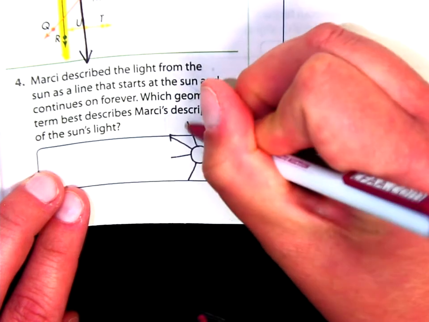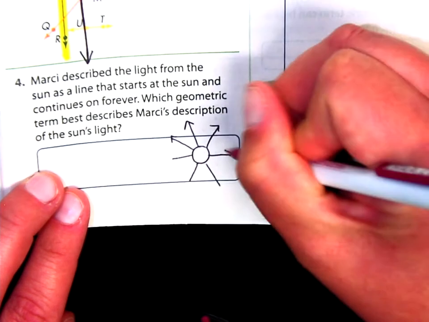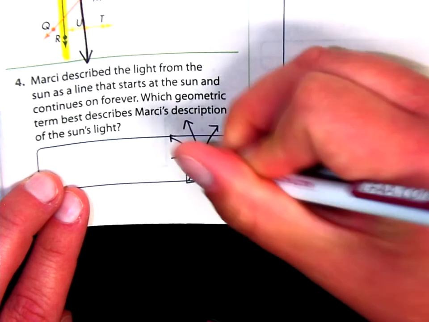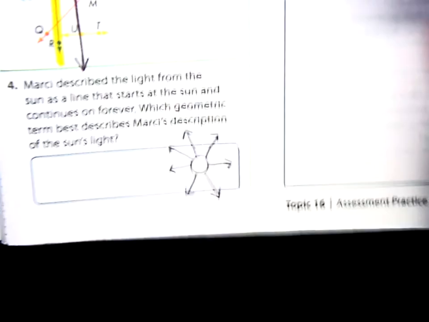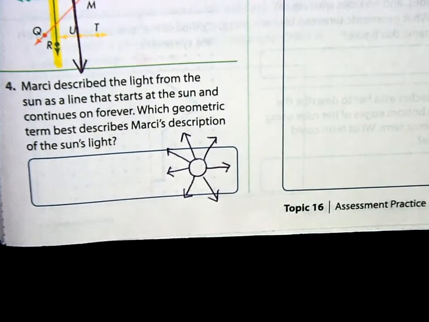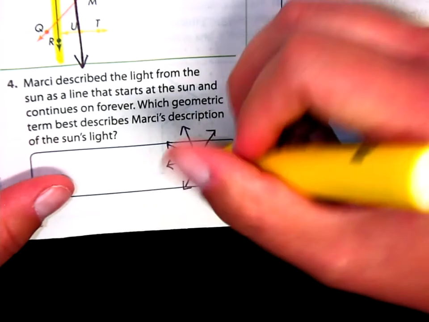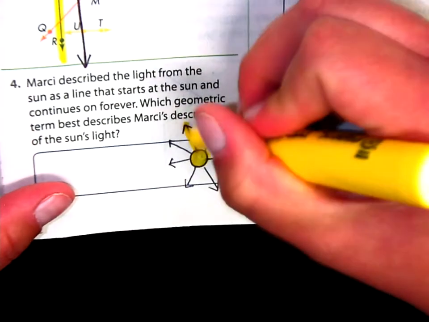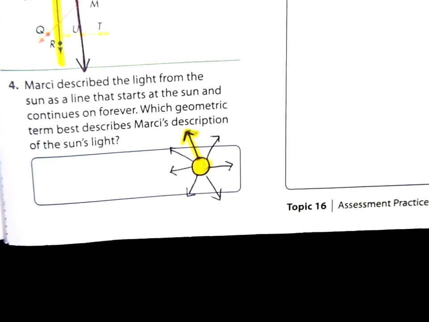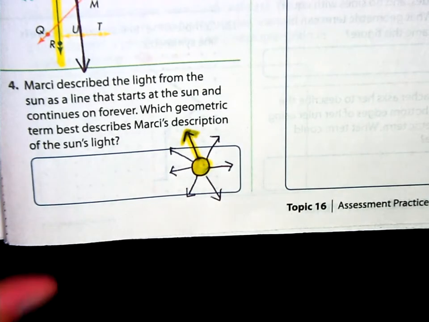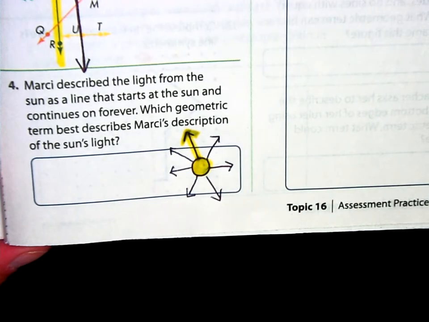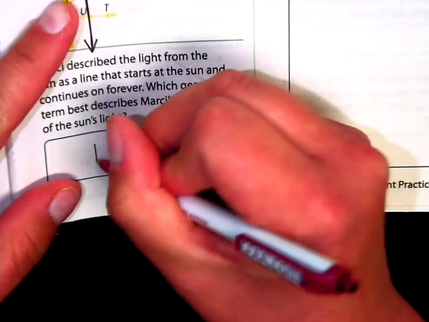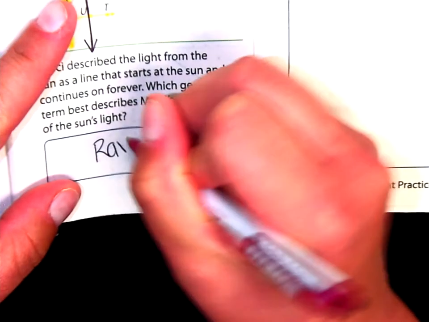So I drew the little arrows at the end to remind us of that. The question is asking what geometric term this is describing. If you think of the geometric term, that's kind of like the end point, the circle, and then the line that's traveling on forever. And if you're thinking a ray, like a ray of sunshine, you are correct. This is a ray.